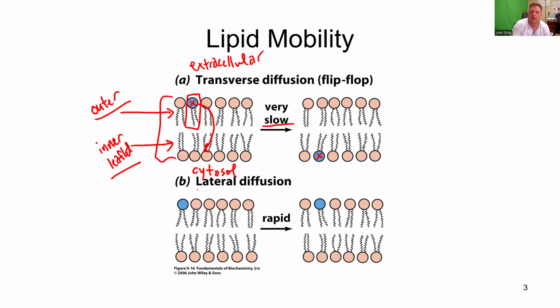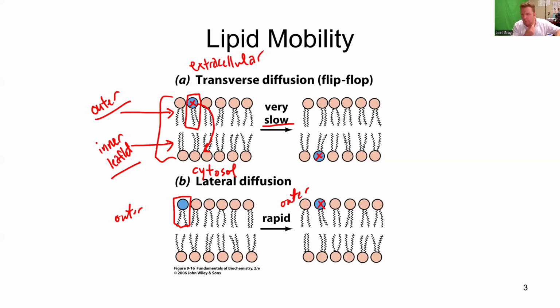Next up, we have another type of movement where we have this glycerophospholipid that I'm going to highlight right here, and it goes from one position to the next position. This polar group remains on the outer leaflet. The way I always think about lateral diffusion is, let's say you go to a concert and you want to go from the very back to the very front of the general admission standing area.